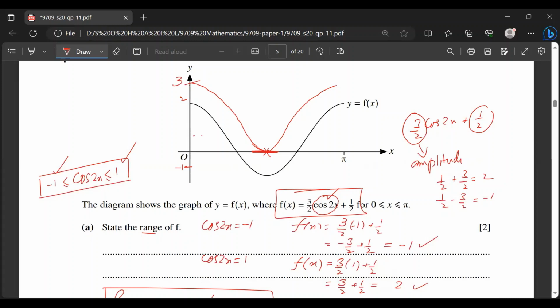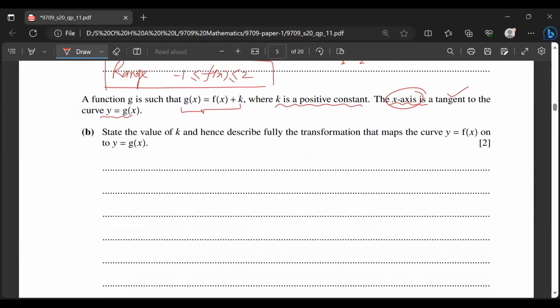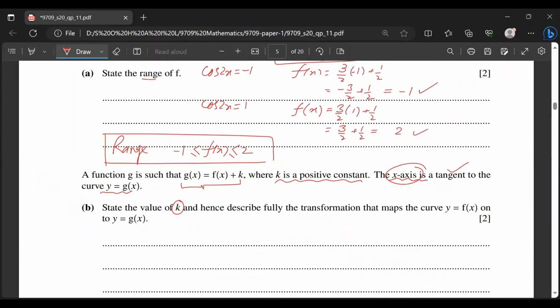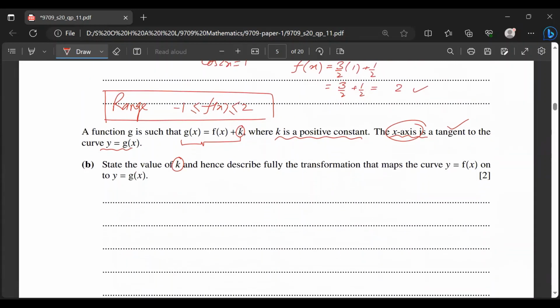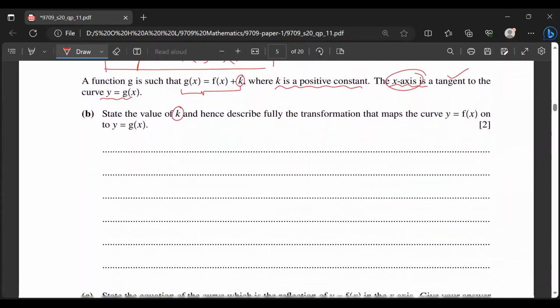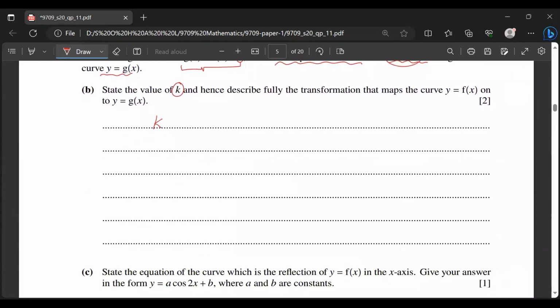The question is, state the value of k. As I move this graph, this is the translation. So here is the value of k, as we have shifted this graph 1 unit above. So the value of k is equal to 1.